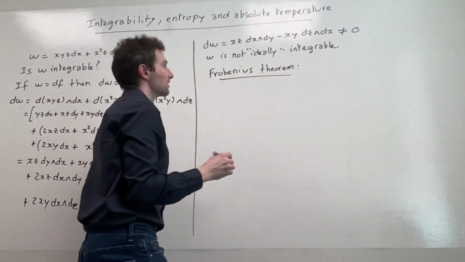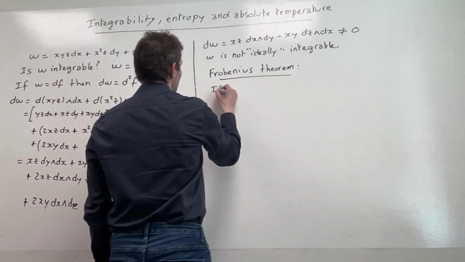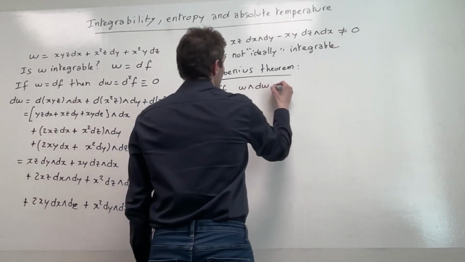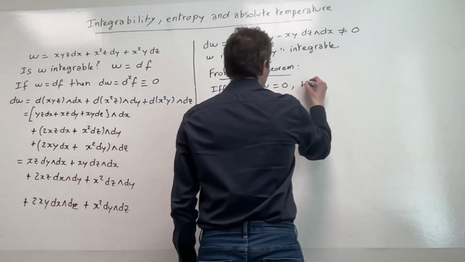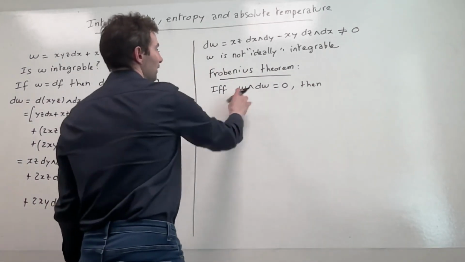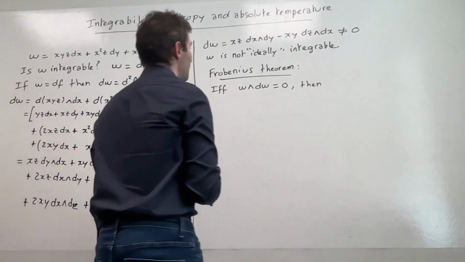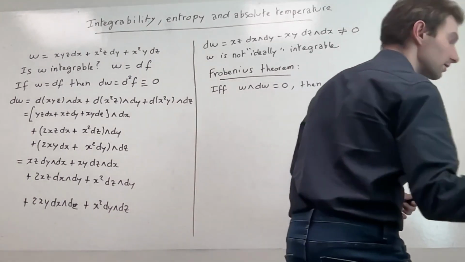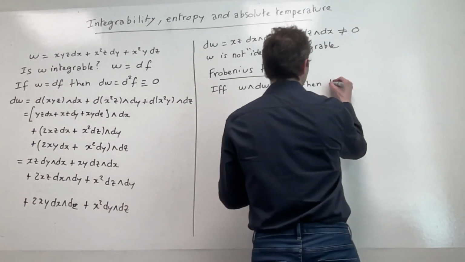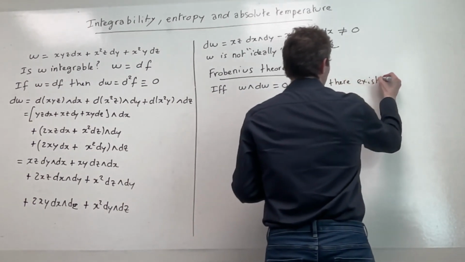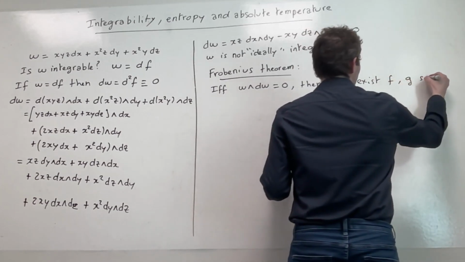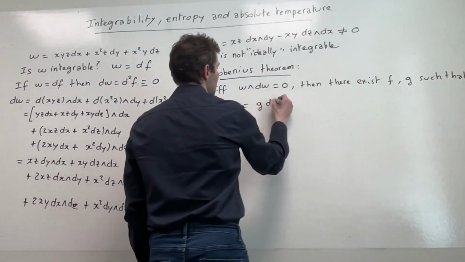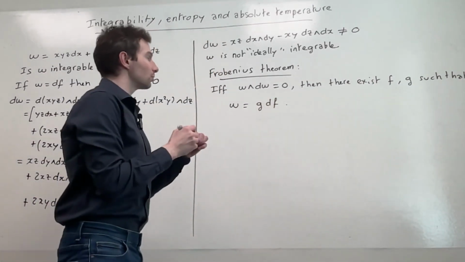This theorem says that if omega wedge d omega is equal to 0, then, and I think that's really the important part here, there exist two functions, f and g, such that omega is equal to g df. Okay? So that's the idea.